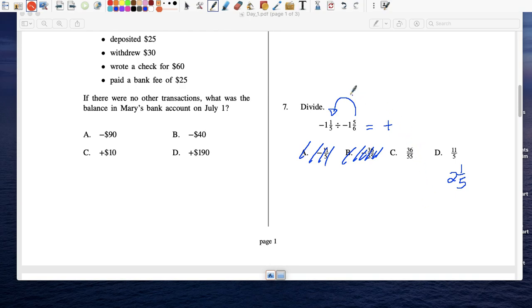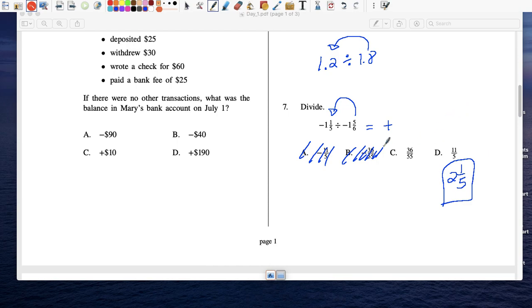So do you think, forget the negative for a second, 1 5/6 can go inside 1 1/5 twice? -1 1/5 is -1.2, so let's forget the negatives, divided by, let me just round 5/6 here for you, that's about 1.8. So do you think 1.8 fits inside 1.2 2.5 times? I don't think so. Right?